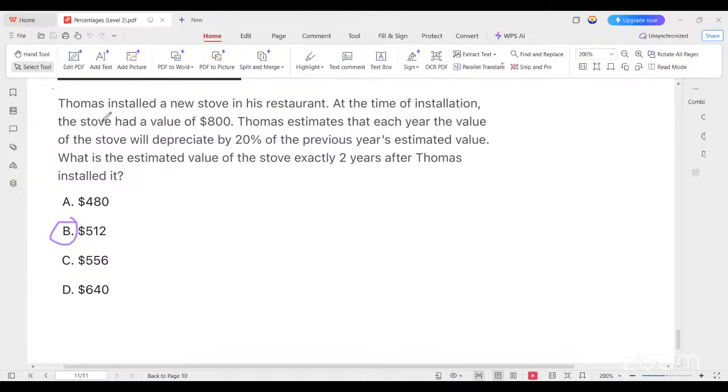Instead of doing it step by step, can we do it in one single expression? Abhiram and Surya, any other thoughts? So 800, with 20% depreciation, means after 20% reduction, how can I find it directly?